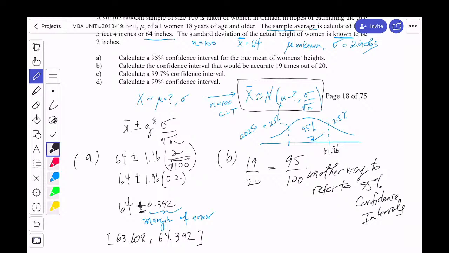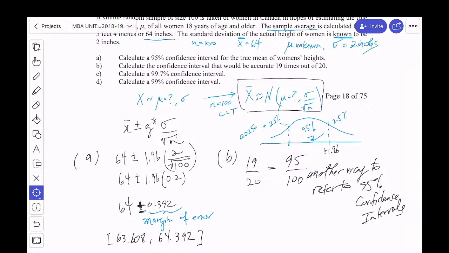So this holds true for the proportion as well, this interpretation of confidence intervals, okay? Some people say 19 times out of 20, it's easier for some people to understand than saying 95% confident, but they mean the same thing. So your answer will be the same.